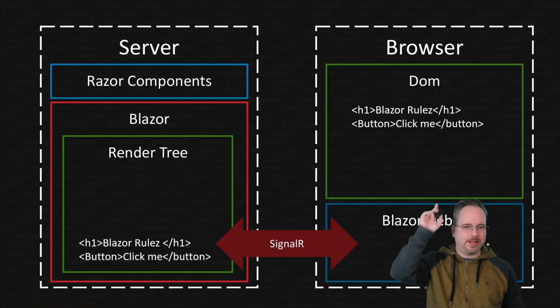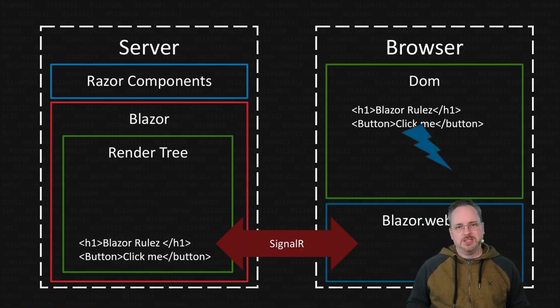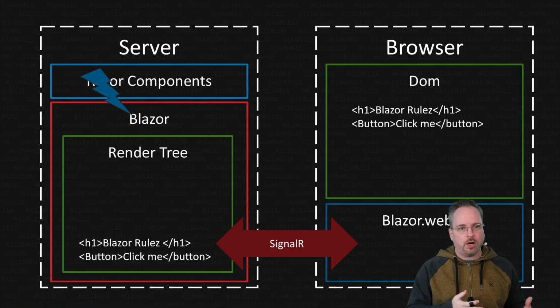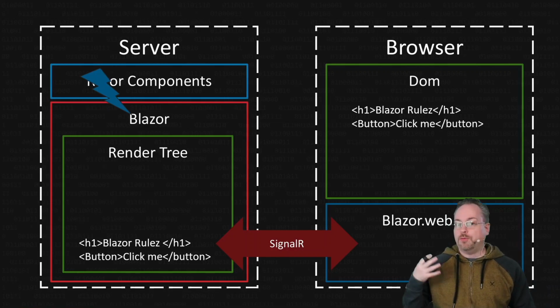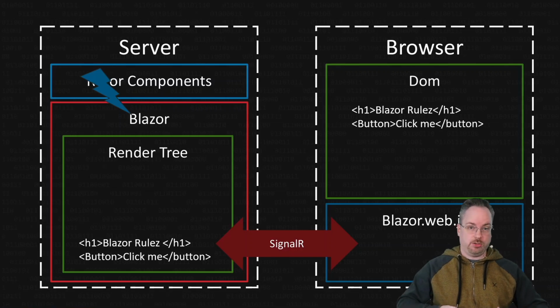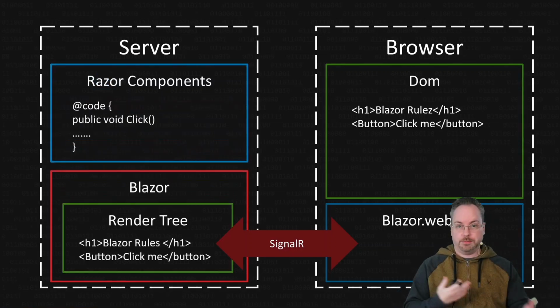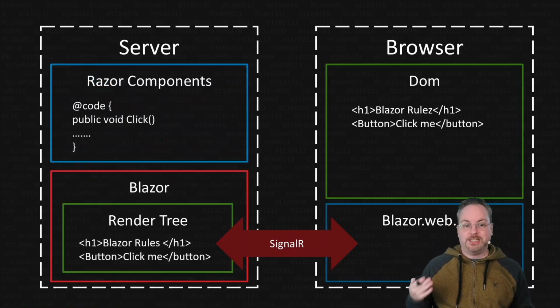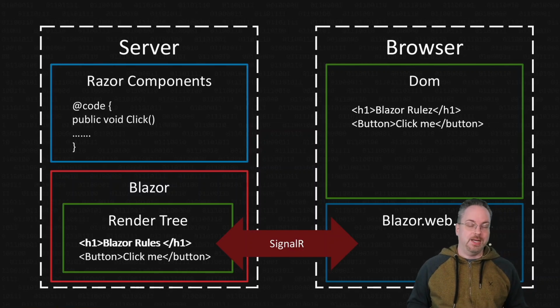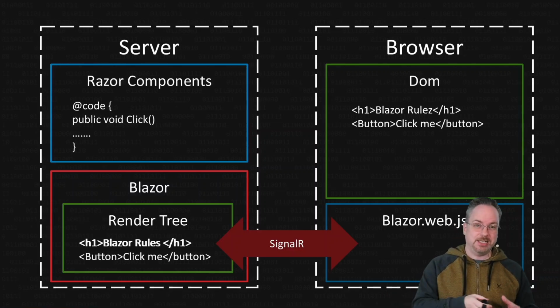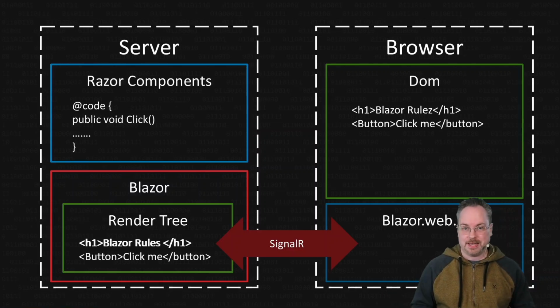So let's say that I click the button. That event is going to go to the JavaScript over SignalR and into our Razor components. Our Razor components is then going to render something, it's going to run some code and change the outcome. In this case, a very subtle change. It is Blazor rules with a Z and it's changing it to an S instead.